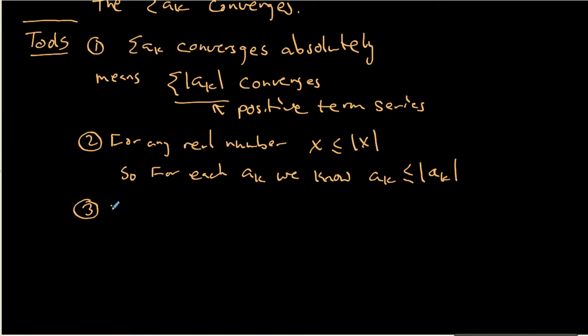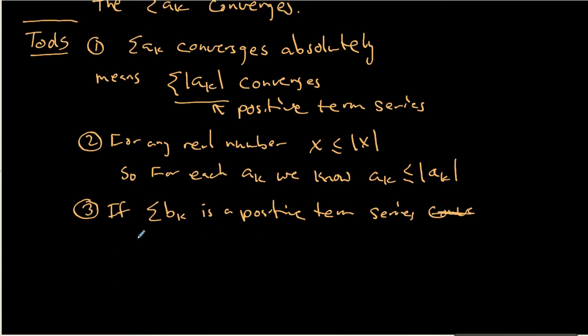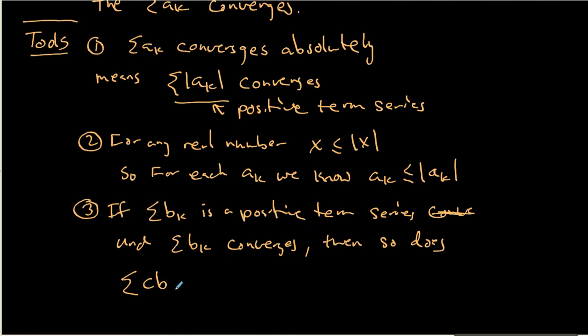One is that if I take a positive term series, and I'm going to call this b_k, so if b_k is a positive term series, and this series converges, then so does the series c times b_k.